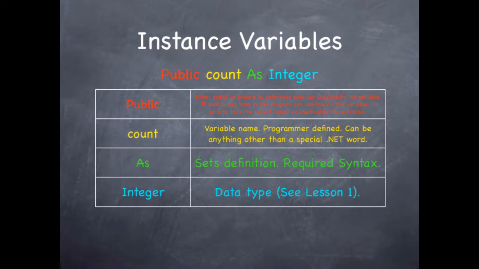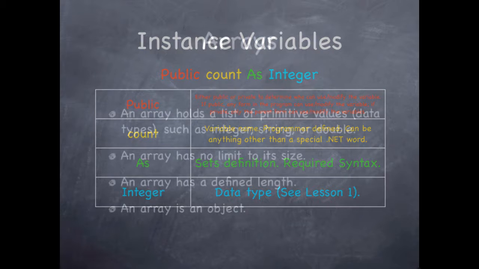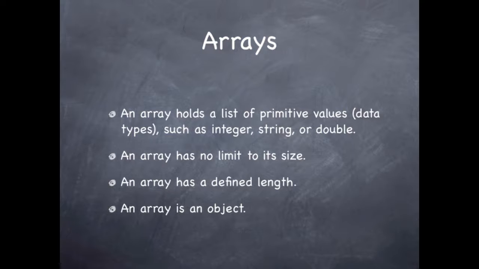That can be anything, as long as it's not one of the special VB words, such as integer, public, private, byval, byref, anything like that. And integer is the data type, which I went over in more depth in Lesson 1. If you click on the bottom left, you can go back to Lesson 1 if you need to know what that is.